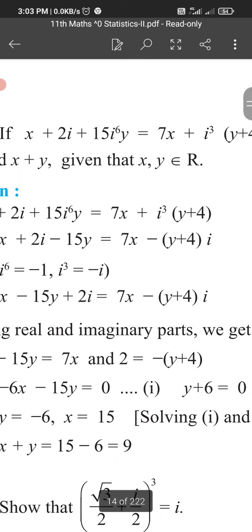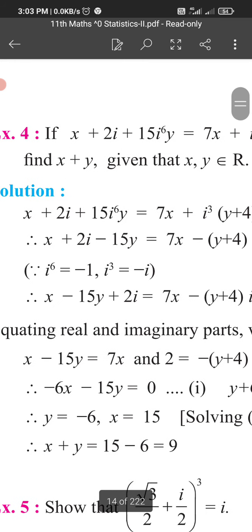We are going to solve the equation by substituting into −6x − 15y = 0 the value y = −6. So −6x − 15 into −6, that is plus 90, −6x + 90 = 0.